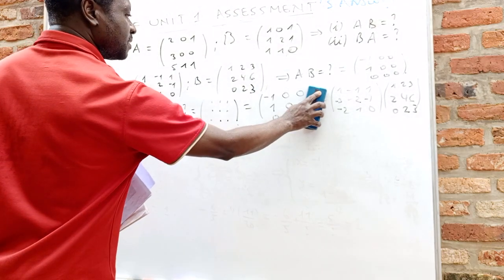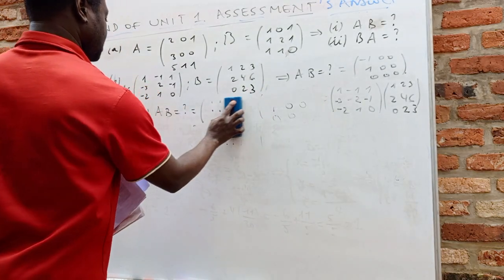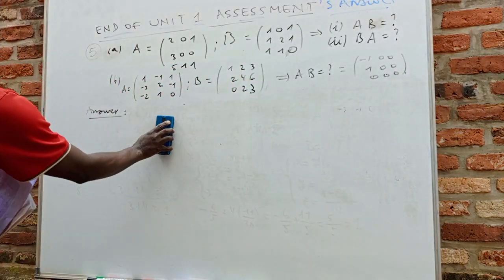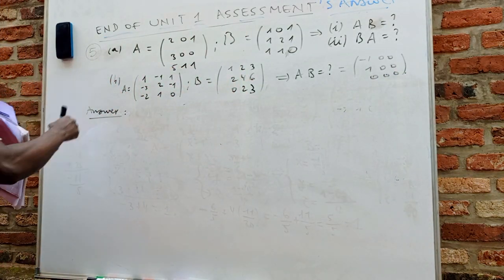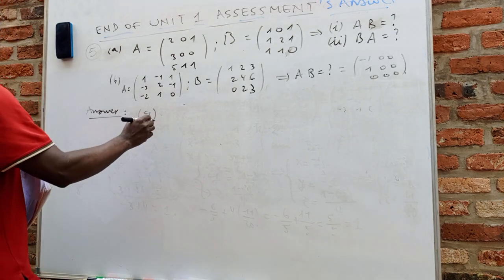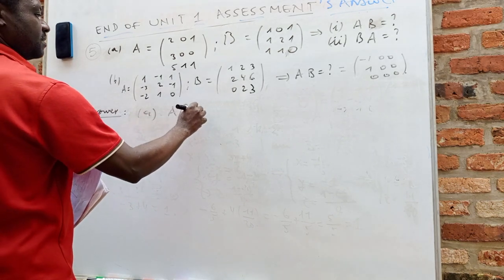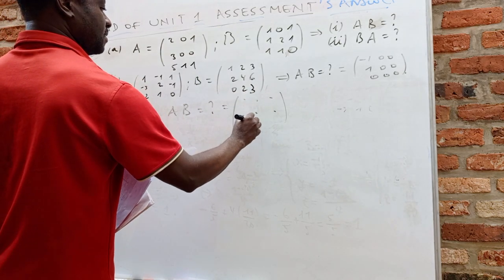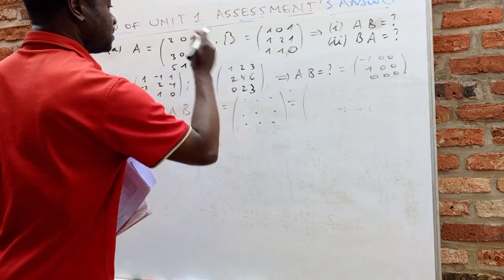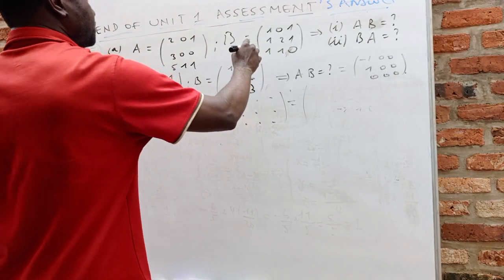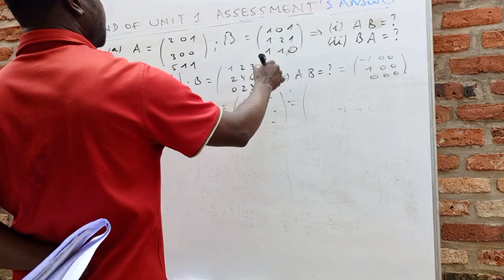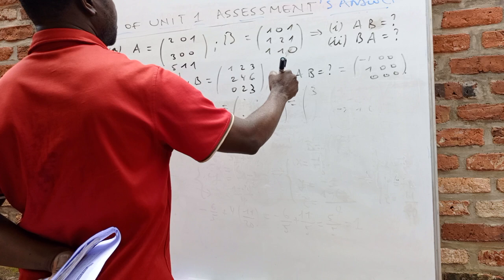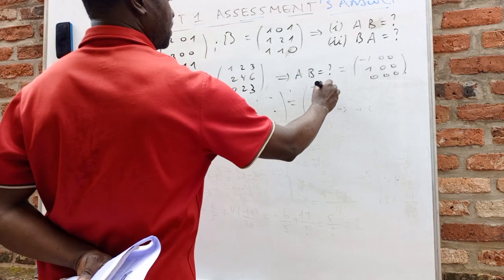So A, this is A. Now for A, we have A times B. This is a 3 by 3 matrix. So this matrix times this is going to be equal to 3. This one times this is going to be equal to 1.